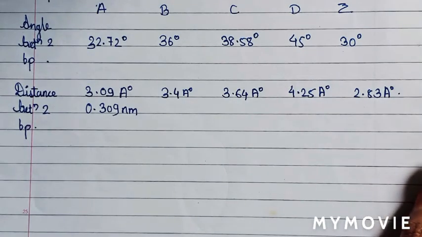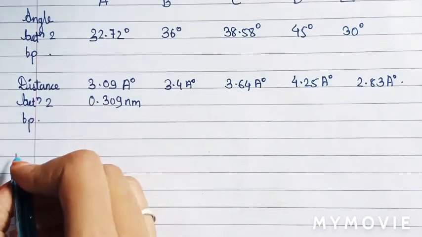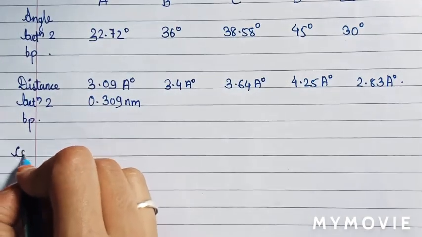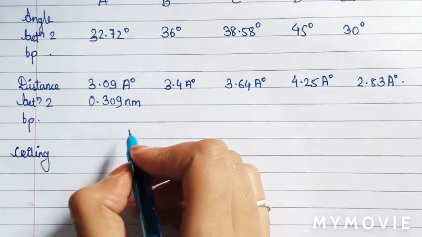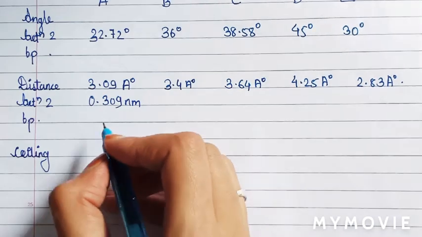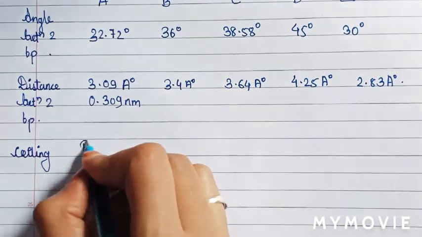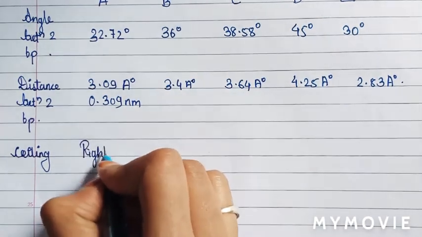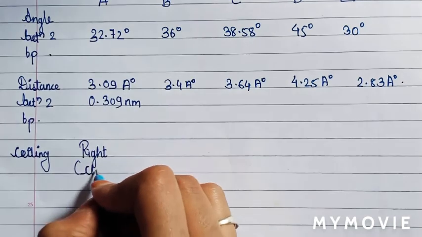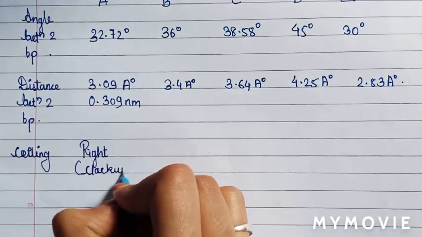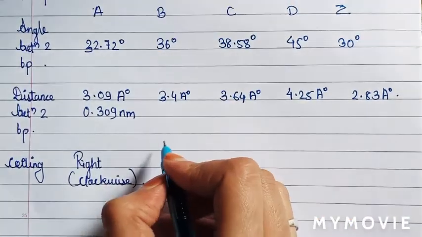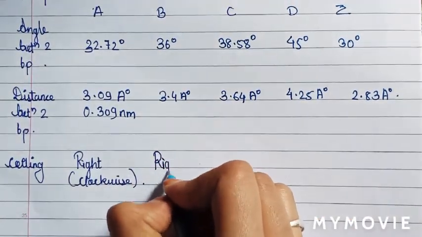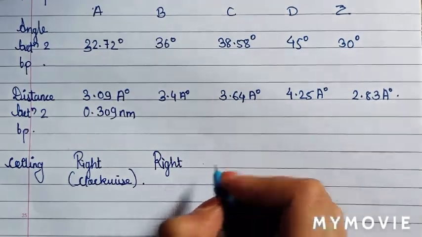And now, lastly, we will see the coiling of DNA strands. A DNA has right-handed, clockwise coiling. B DNA also has right-handed clockwise coiling.